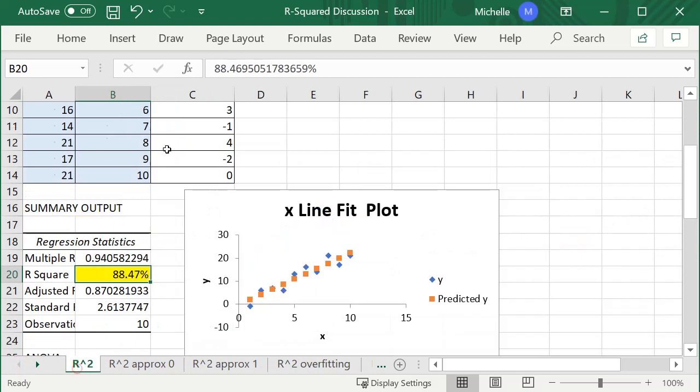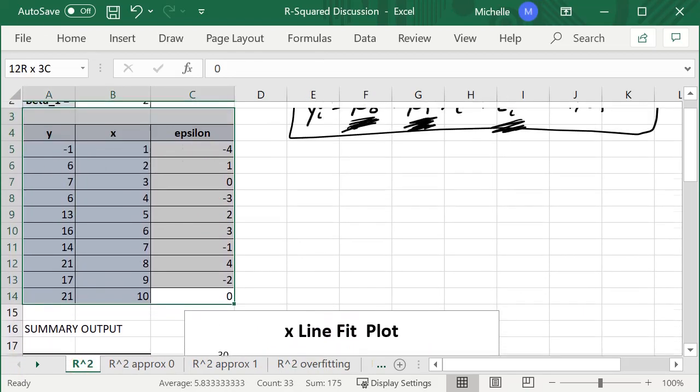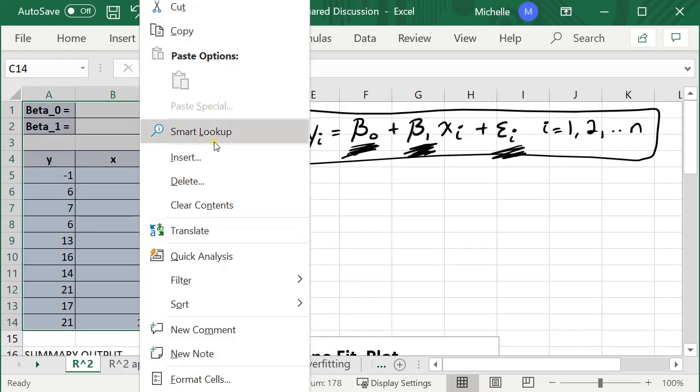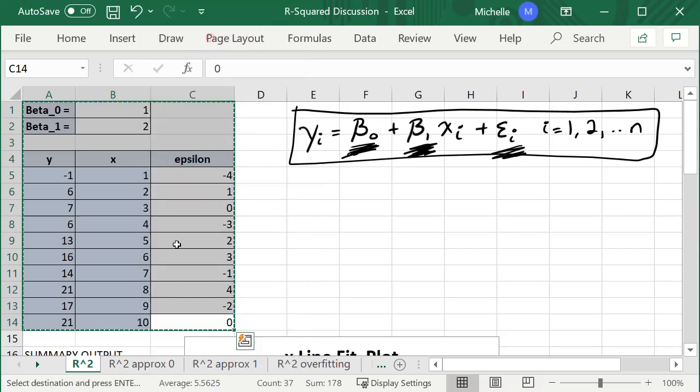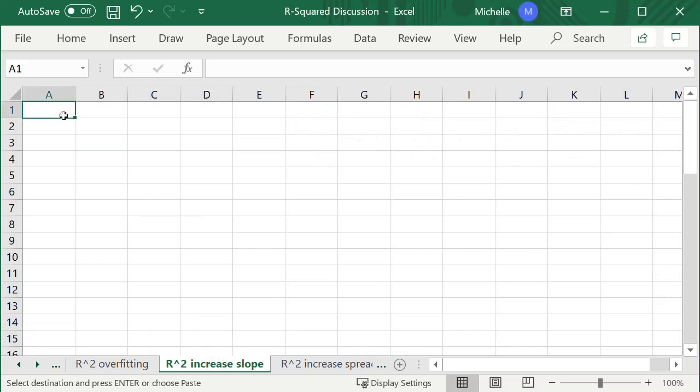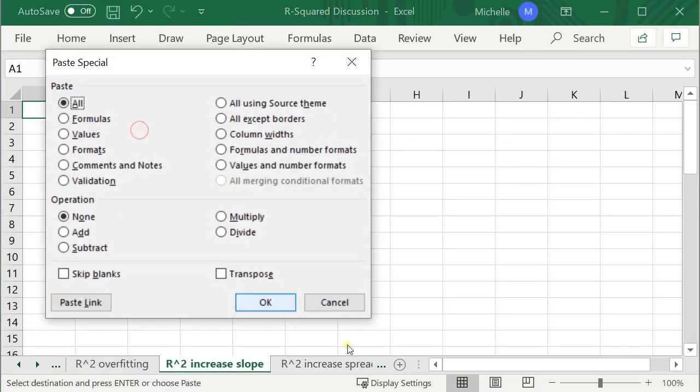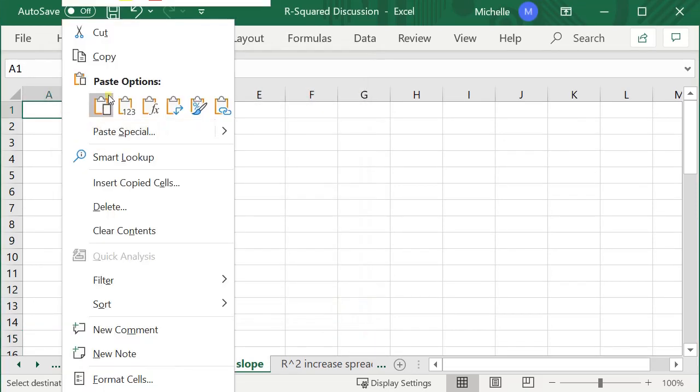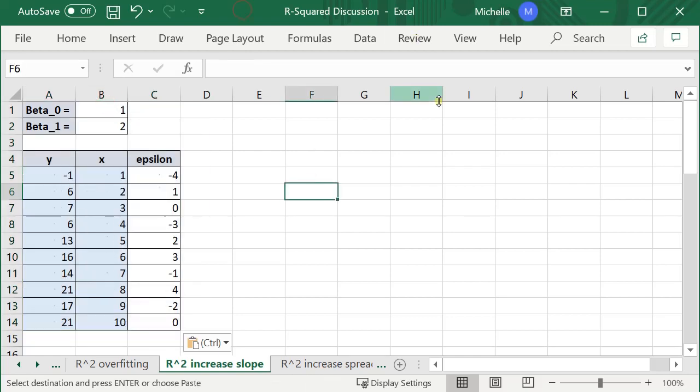Okay, so let me go back. All right, and let me highlight this, copy it, and put it over here for increasing the slope. Paste. Okay, so my model is y sub i equals, currently it's 1 plus 2 times x sub i plus epsilon sub i.